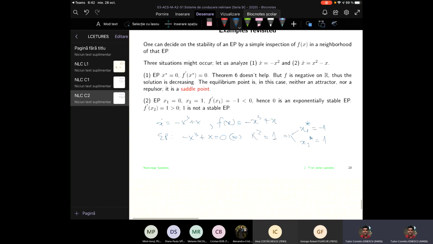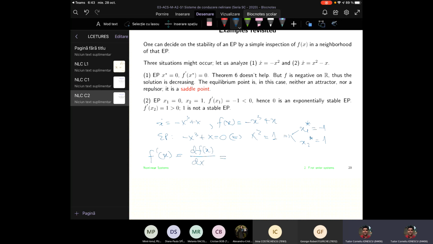We saw in the MATLAB simulations. Okay. Let's see about their stability. F prime, the derivative, f prime of x, this is df of x with respect to dx.